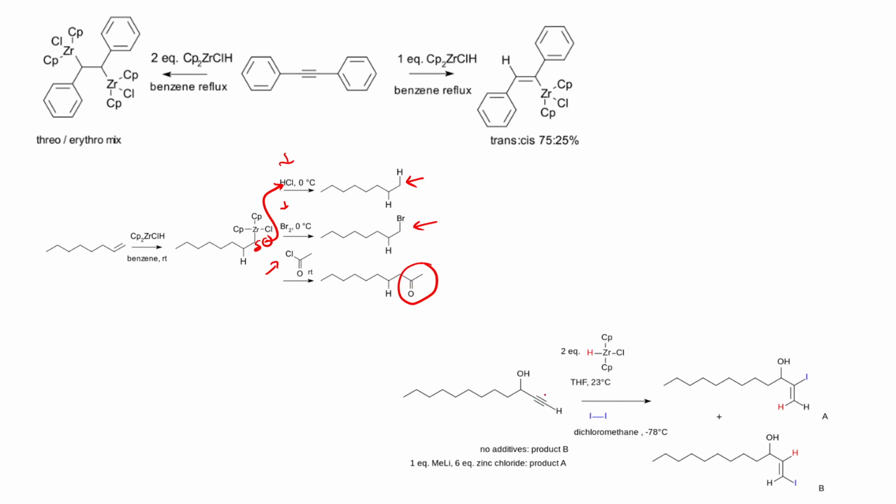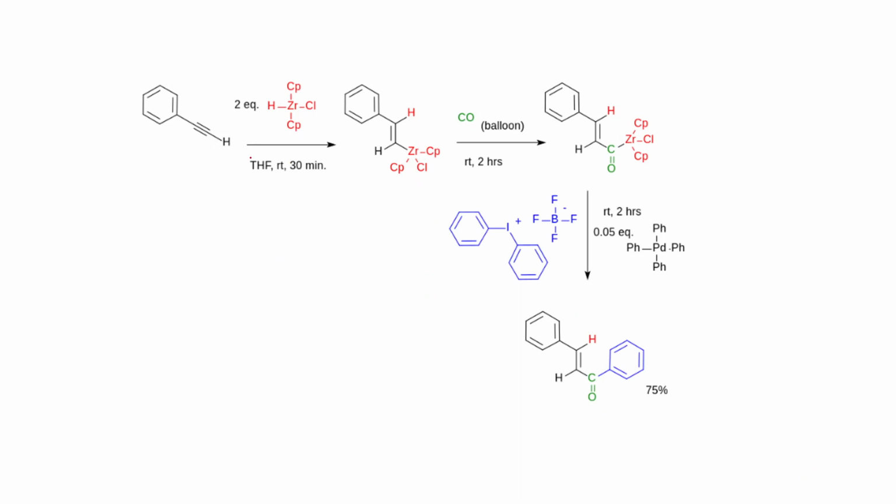And this one is what we are discussing. So with two equivalents of this and with iodine, you can make this kind of molecule. And this particular first reagent is the main thing that is driving this reaction. In the same way, with carbon monoxide you can insert a carbonyl group in between these two bonds.